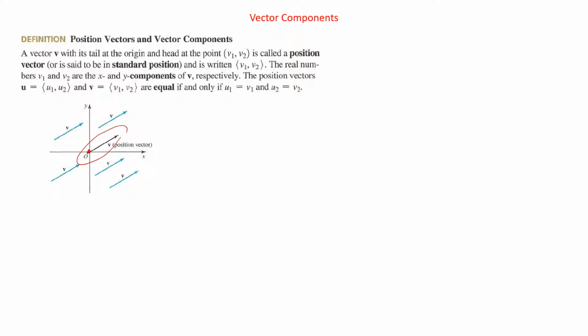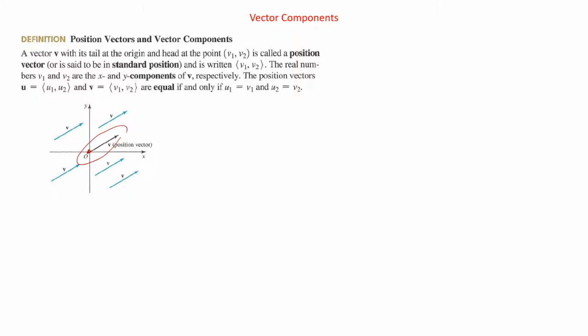A vector is a parallel vector if it is a scalar multiple of the other one. So if we had 3, 4, and we had 9, 12, well, 9, 12 is just 3, 4 times 3. And so that would be parallel.